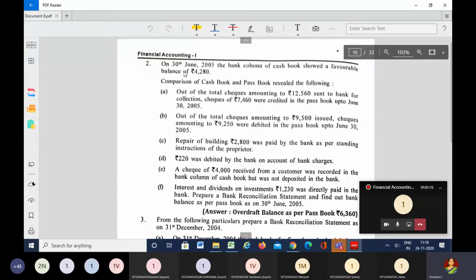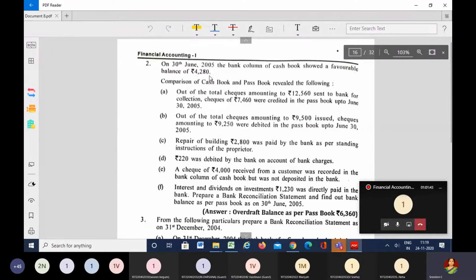So here we have on 30th of June, that means a BRS has to be prepared as on 30th of June 2005. The bank column of the cash book. Now you must have understood what exactly is meant by the bank column of the cash book. So here he is talking about the three column cash book, and according to the bank column, the balance which has been shown is 4,280.